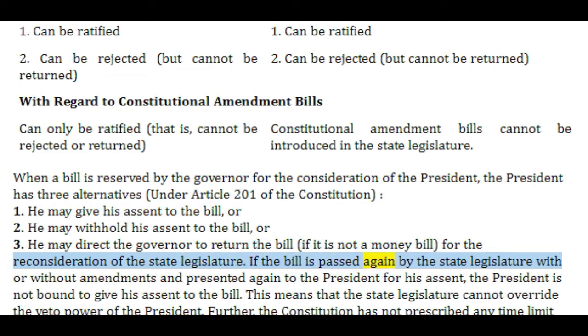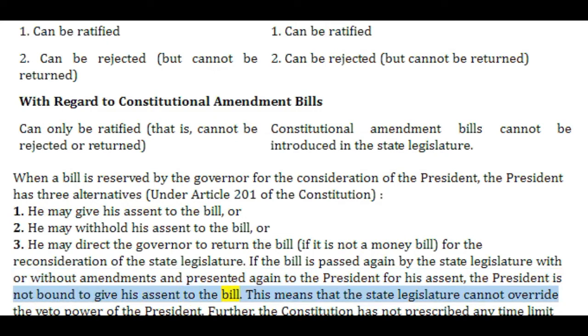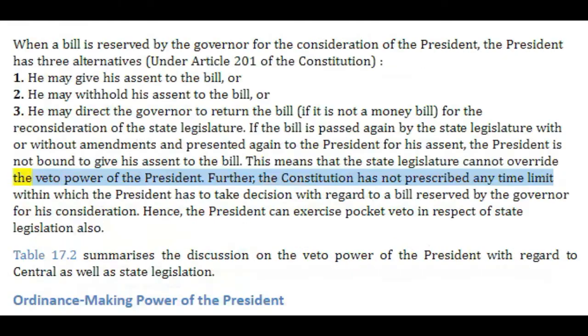If the bill is passed again by the state legislature, with or without amendments, and presented again to the President for his assent, the President is not bound to give his assent to the bill. This means that the state legislature cannot override the veto power of the President.